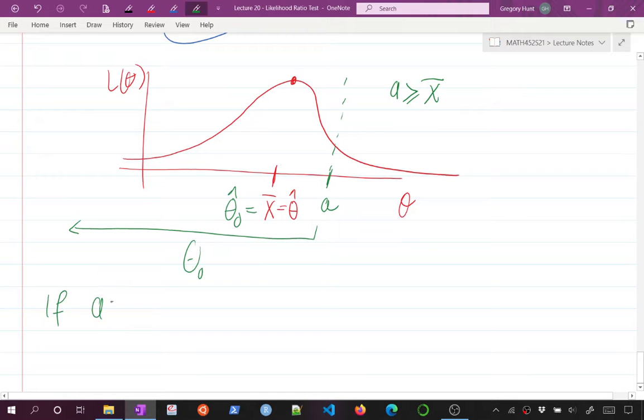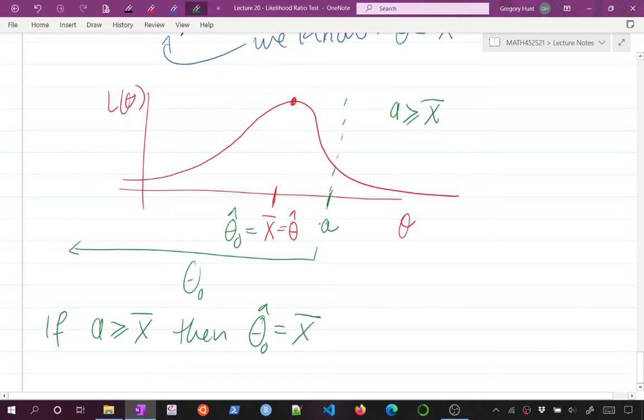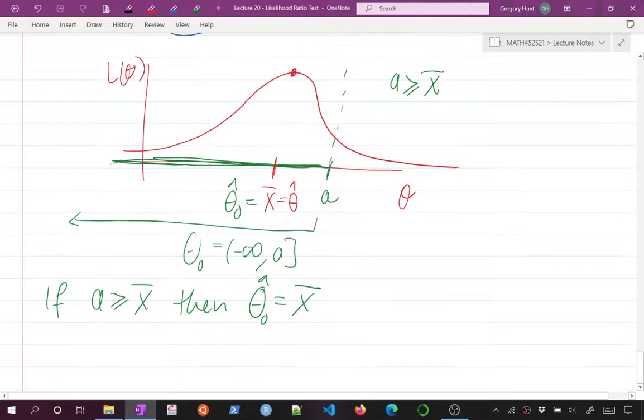So if A happens to be bigger than or equal to x bar, or concurrently, if I grab some x bar and it's smaller than A, then my restricted MLE is also x bar, because x bar is in my set negative infinity to A. This peak here is in my set, which is basically this portion of the axis, and so that's my restricted MLE.